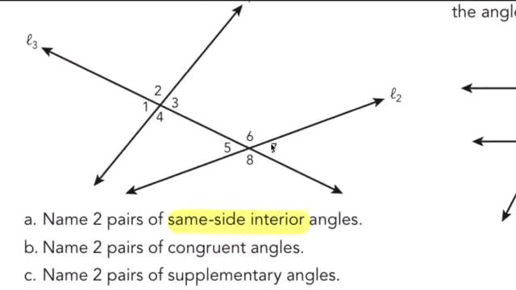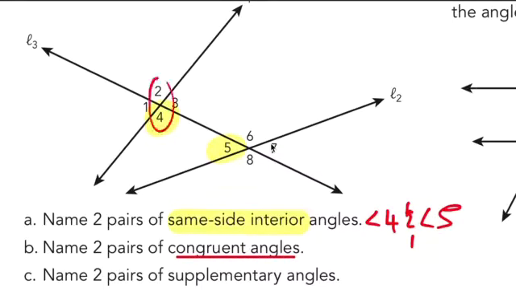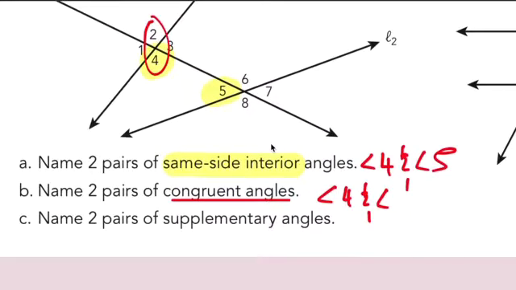Same side interior. It's supposed to be like that. Angle 4 and 2 congruent angles. Angle 4 and angle 2. Could be 1 and 3. Vertical angles.